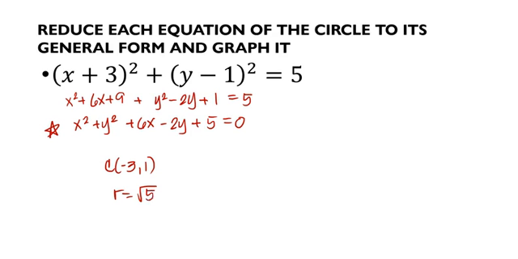of 5. So if this is the Cartesian plane, negative 3, positive 1 would be somewhere here, and then take note that the square root of 5 is greater than 2 but less than 3. So let's just approximate. And if you have Desmos and using other graphing medium, you may plot them.